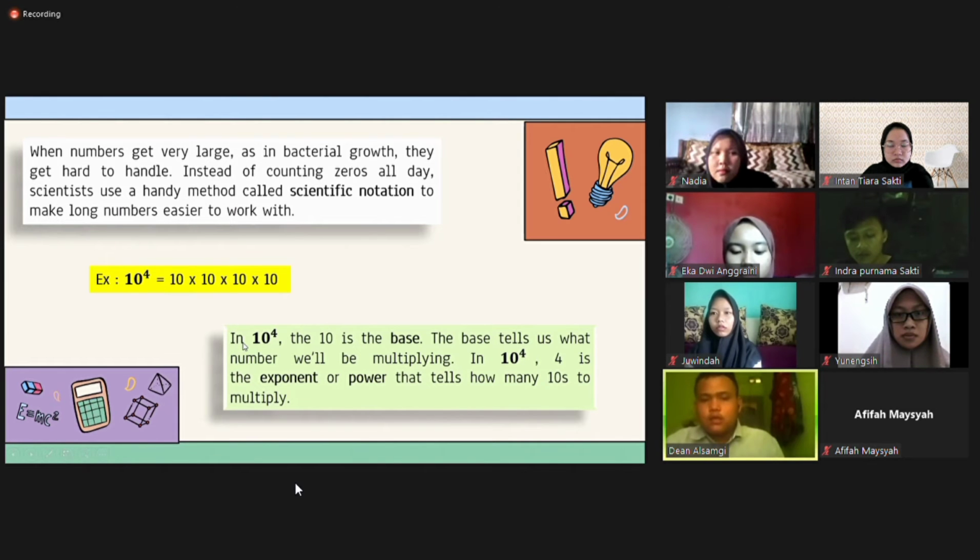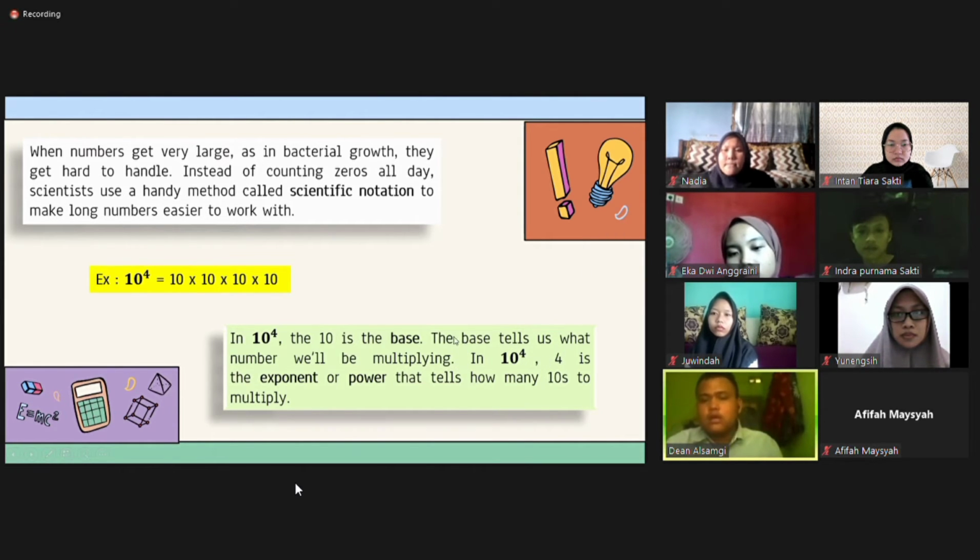In 10 to the power of 4, the 10 is the base. The base tells us what number we will be multiplying. In 10 to the power of 4, 4 is the exponent or power that tells how many 10s to multiply.